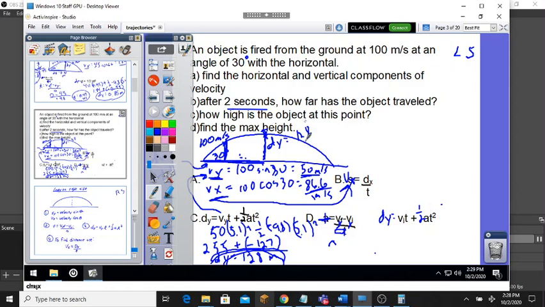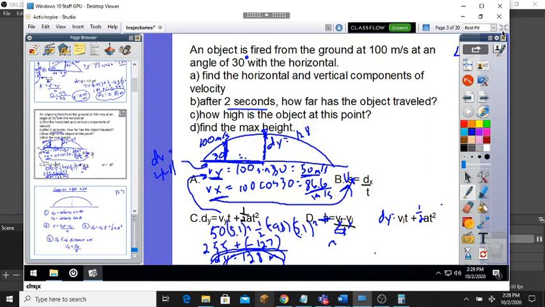Now, if we wanted to find at 2 seconds, how do we do that? Well, we would plug in 2 seconds for the time. And this should be Vy. So Vy, we're going to use the same number, 50, but this time we would use 2 seconds. Negative 9.8 and 2 seconds squared.